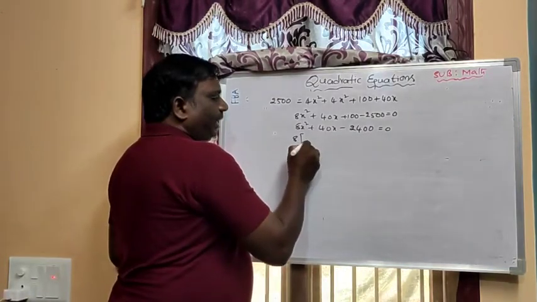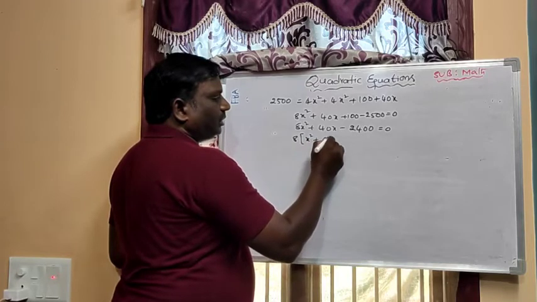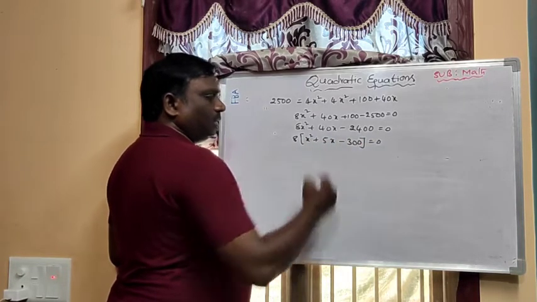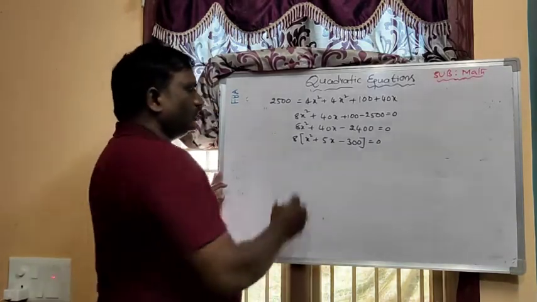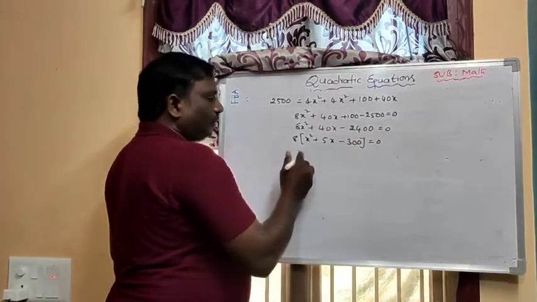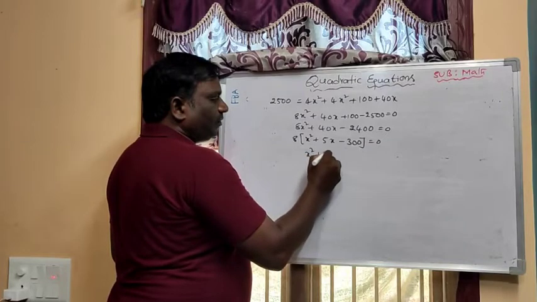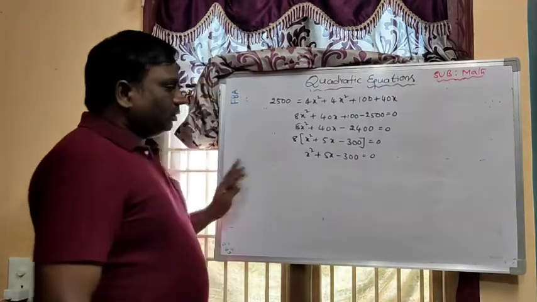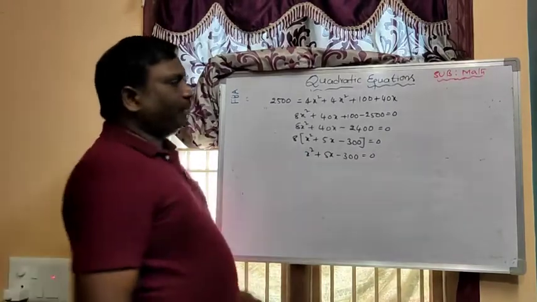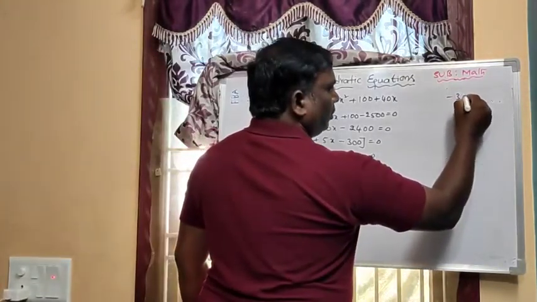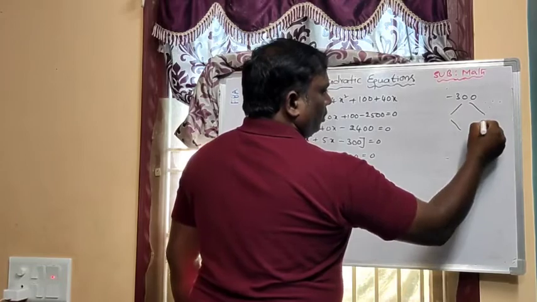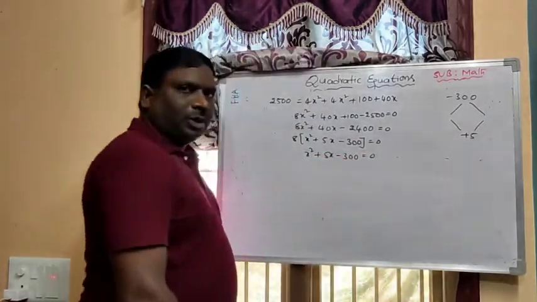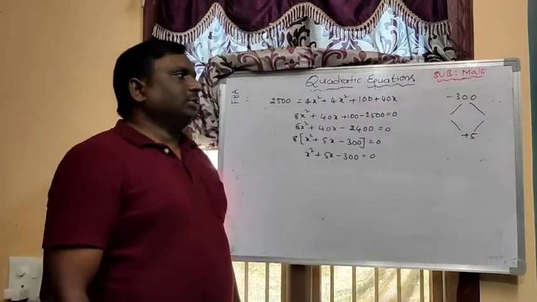If you take 8, x square plus 5x minus 300 equals 0. 8 you can take to the other side. So x square plus 5x minus 300 equals 0. Here we need to get numbers that multiply to minus 300 and add to plus 5, by the factorization method. What are the numbers we have to take here?